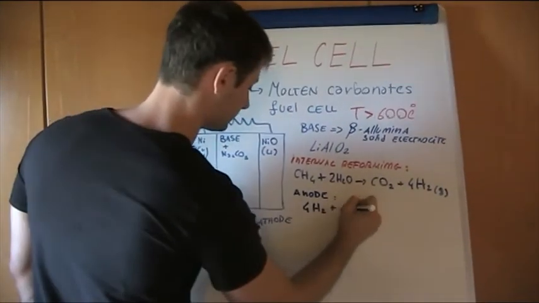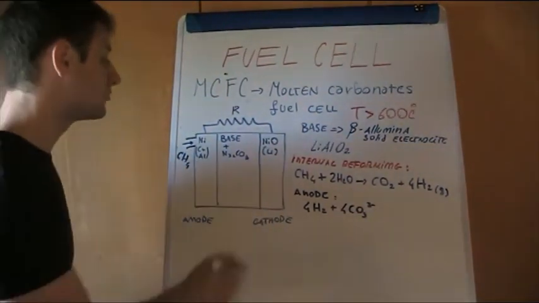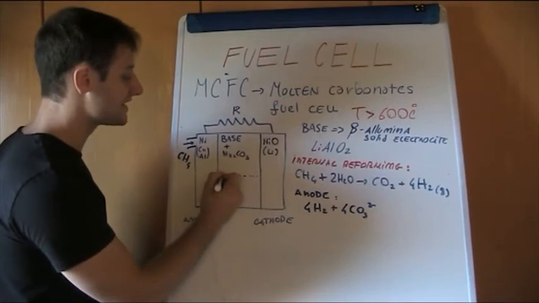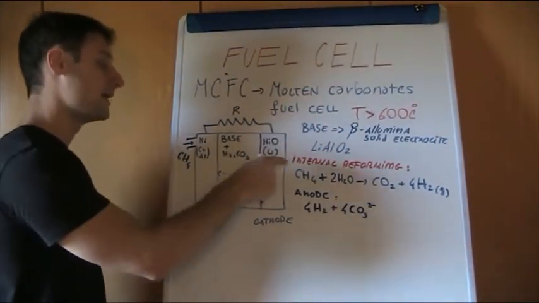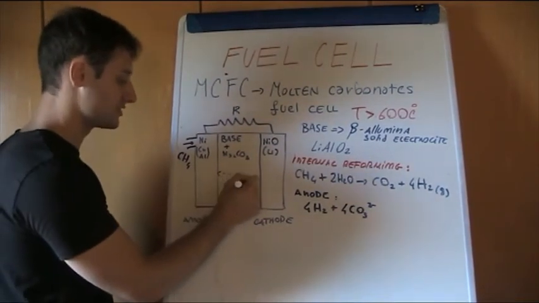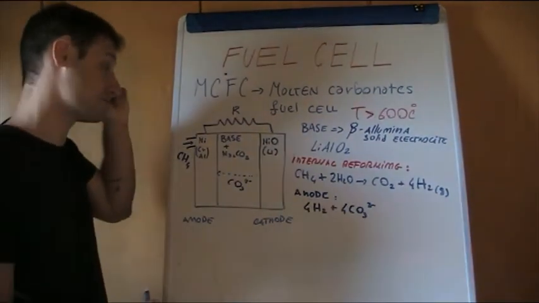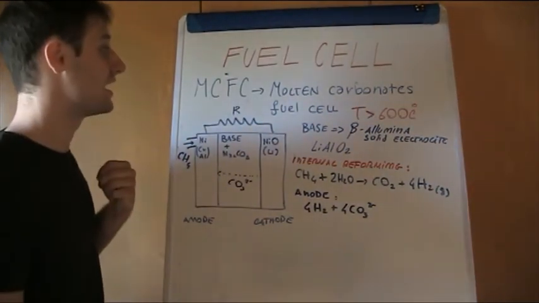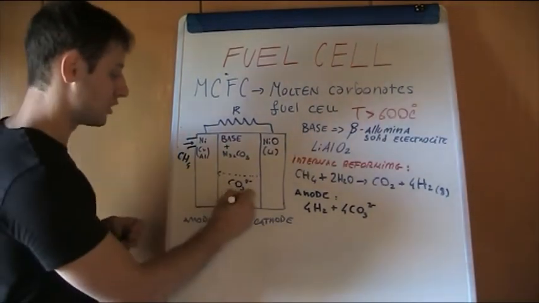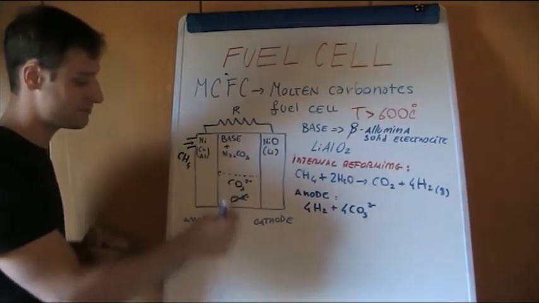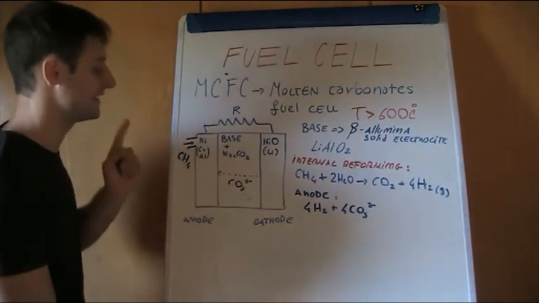together with the carbonate anion migrating inside the base electrolyte from the cathode. We will see the connected reaction. So basically something similar with respect to the solid oxide fuel cell, but in this case we do not have the migration of oxygen 2-, but we have the migration of these carbonate anions inside the saturated base electrolyte.